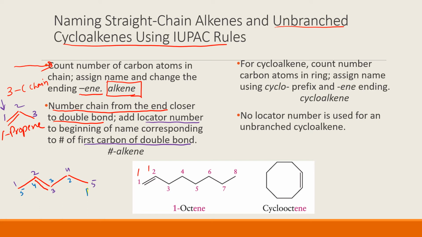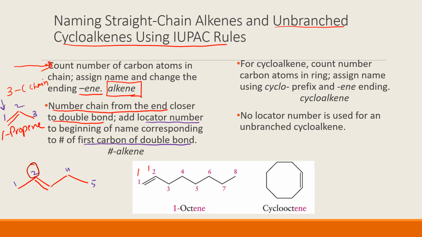As you can see, from the left hand side the locator number for the double bond comes out to be 2, but from the right hand side it comes out to be 3, and we want to give the smallest locator number possible. Therefore counting from the left hand side is the correct order and counting from the right hand side is incorrect. Let me erase the incorrect order.